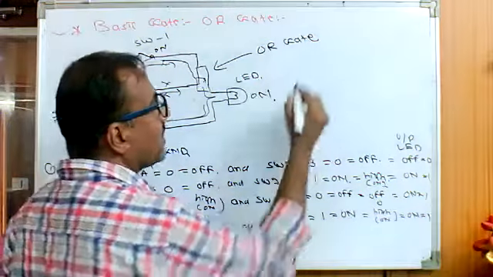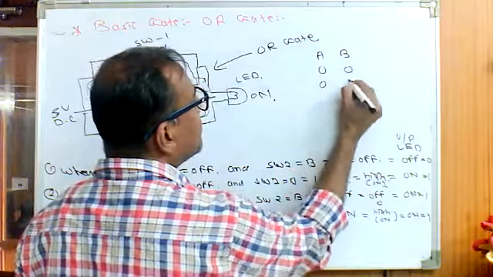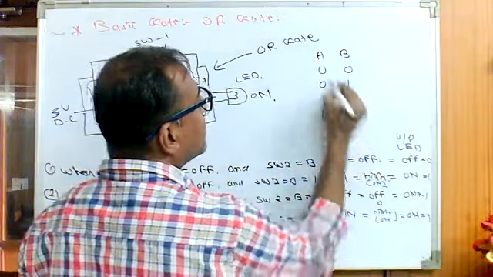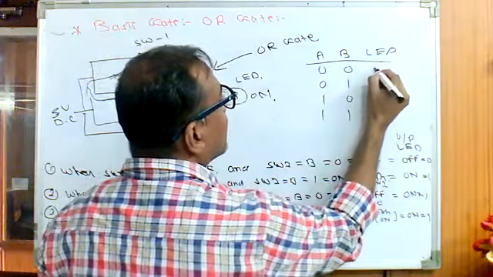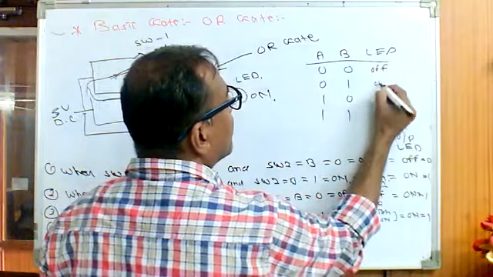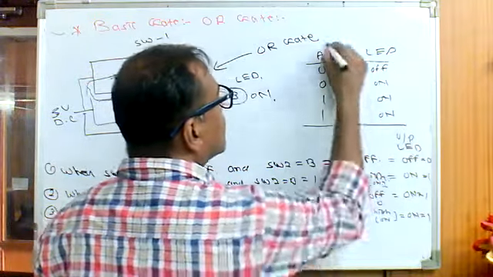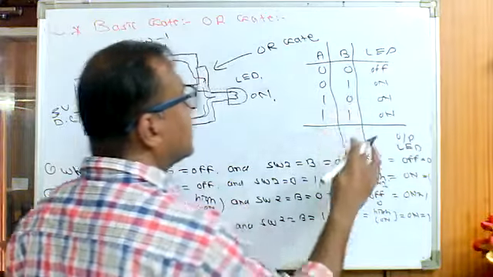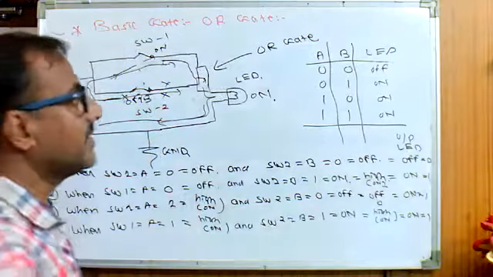An OR gate has two or more input signals. A and B are 0 0, 0 1, 1 0, 1 1. The output LED is off in the first condition, and on in the other three conditions. So the OR gate is like this: if any input signal is high, we get a high output.